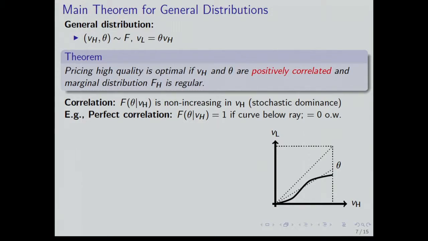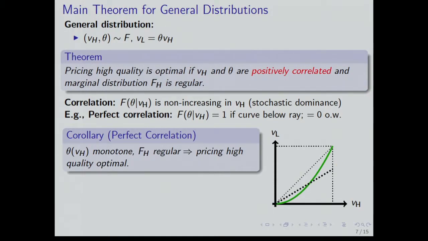So now this condition that this conditional distribution is non-increasing in VH implies that when I look at my curve and connect a ray from 0 to any theta, the curve must be below the ray before the point of connection and above the ray after the point of connection. So it's kind of curving up, some form of positive correlation.